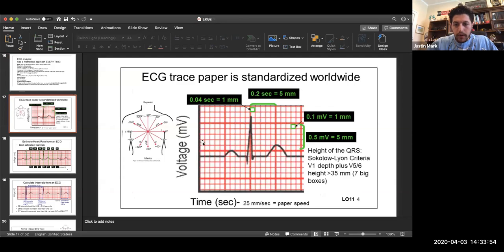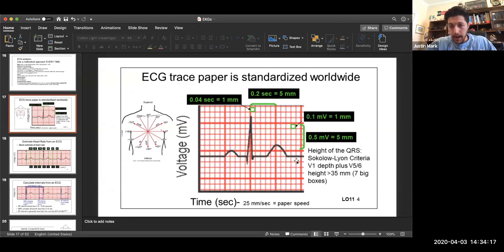It's important that we understand these boxes here. So I've said before, each little box represents 0.04 seconds. It also represents 1 millimeter. There's 5 little boxes in one big box. So if we do multiplication, each big box represents 0.2 seconds, okay?